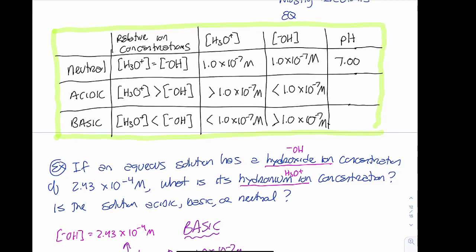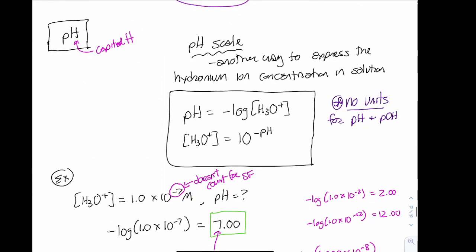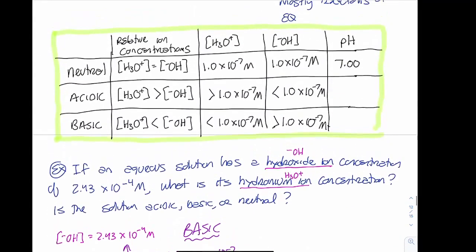So do be careful. And then the other thing I want before we finish filling in our table here is this negative exponent, right? Because there's a negative here, the bigger this value is, the smaller my pH is going to be. So something that's acidic is going to have a higher hydronium ion concentration. If I go back up to my table, if it's acidic, my hydronium ion concentration is bigger.